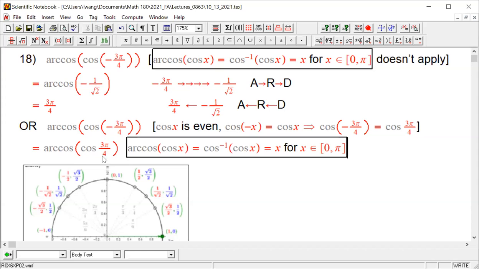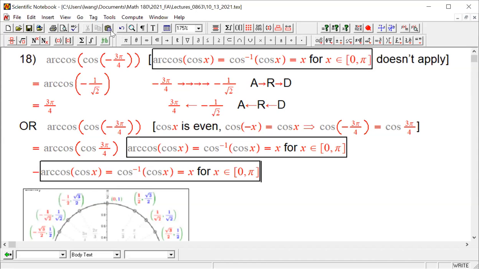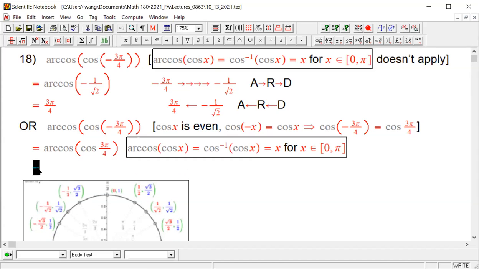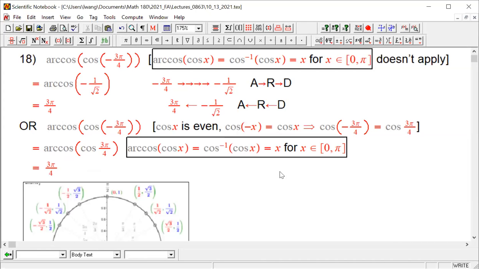Do you see that? Because it's the same form, 3 pi over 4 is in the interval 0 to pi. Therefore, the answer is 3 pi over 4. You follow me? Sorry about that. Do you guys see that?